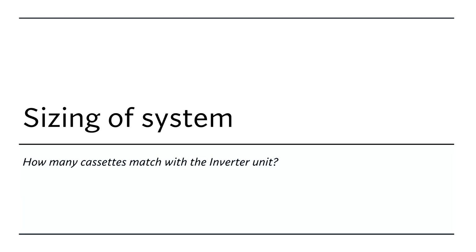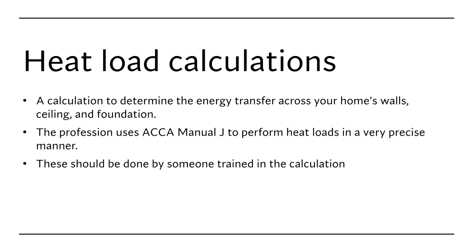All right, how do we size these systems? This is not as easy as it sounds for the average person, but it is not overly complicated for the professional. So first thing we've got to do is start with a heat load calculation. What we're really interested in is how much energy transfers across your walls, your ceiling, and your foundation of your home.